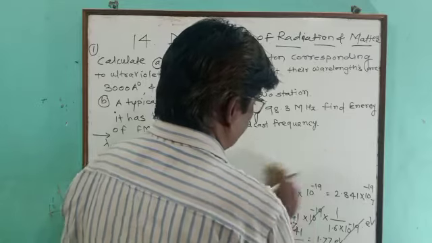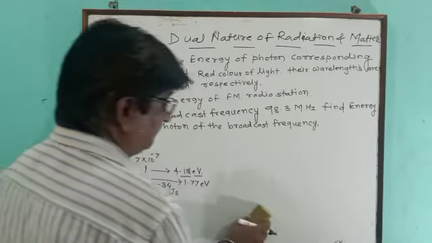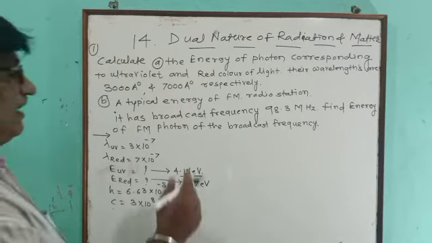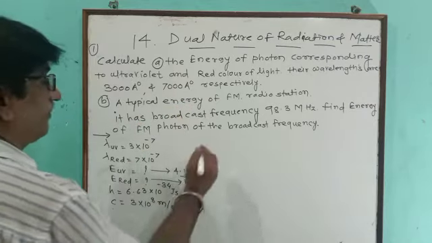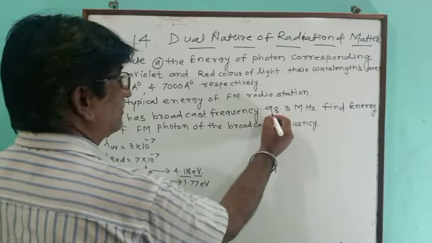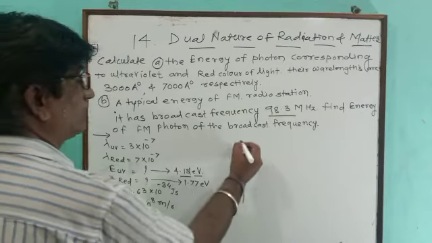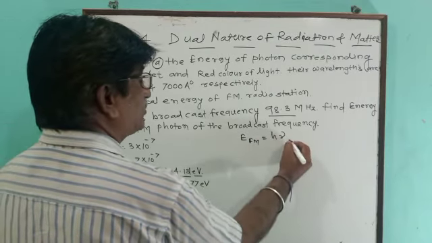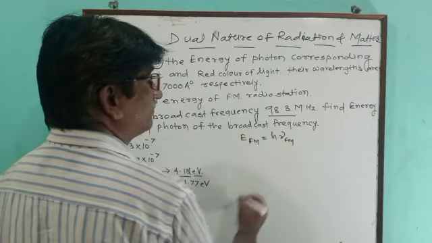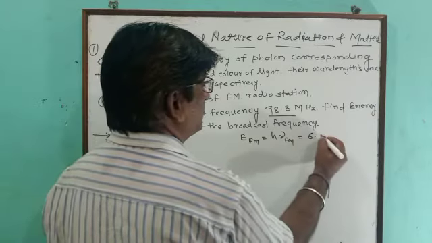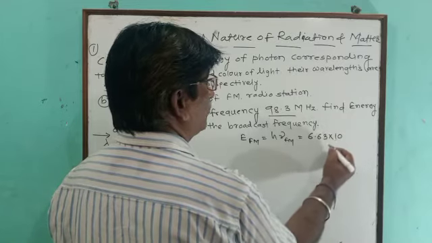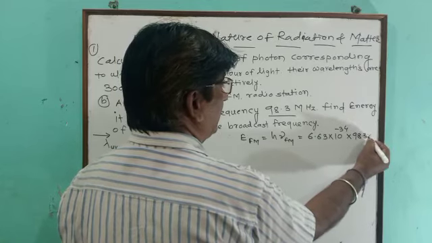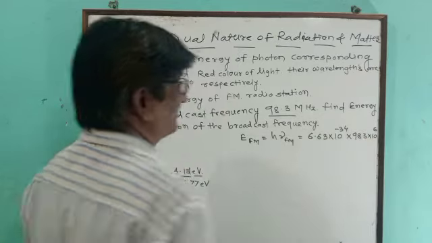Again we can see the second question. The second question is the energy of an FM radio station. Given that the frequency is 98.3 megahertz, the energy for FM is equal to h nu for FM, that is 6.63 into 10 to the power minus 34 into 98.3 into 10 to the power 6.